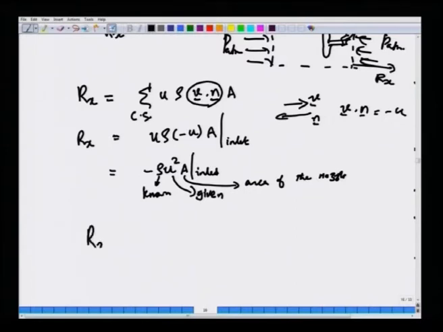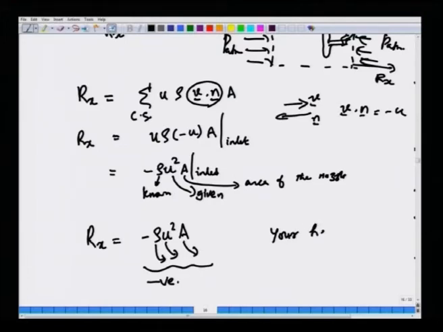So, R x is minus rho u squared A. U squared is a positive quantity, rho is positive, A is positive. So, R x is negative, that is, your hand must exert a force in the negative x direction.